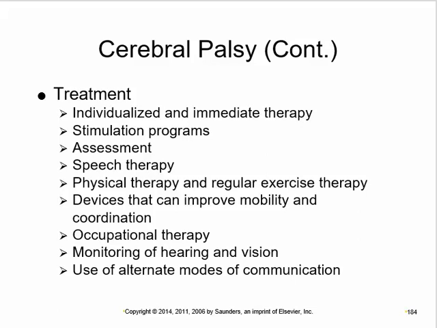There's all kinds of stimulation things, speech therapy, exercise therapy, devices, occupational therapy are all valid forms of having these people live somewhat normal lives.